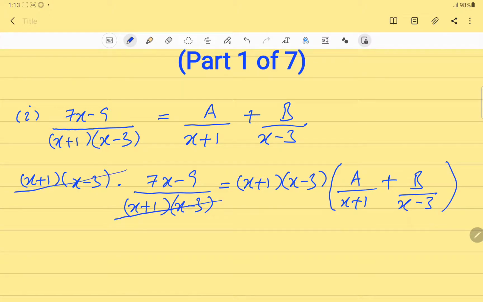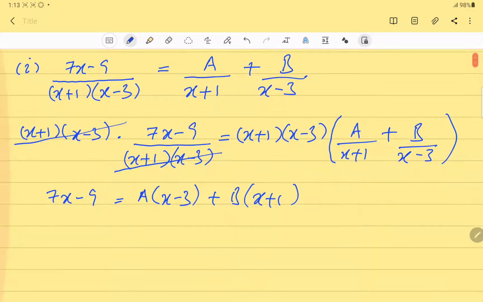This will cancel with this one, so we have on the left side 7x minus 9. Now when we multiply (x + 1)(x - 3) with both the terms inside the bracket, we get a into (x - 3) plus b into (x + 1).